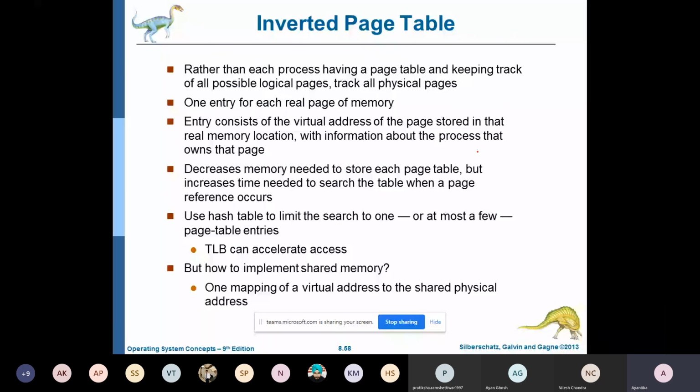There is another concept of inverted page table. In the paging concept, we are starting our discussion from the concept of a particular process. Whenever our CPU is in execution, it is generating some logical address request. So related to that particular process, we are thinking about how that page is getting mapped to a frame, right?